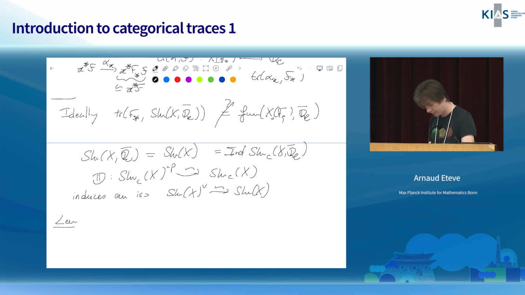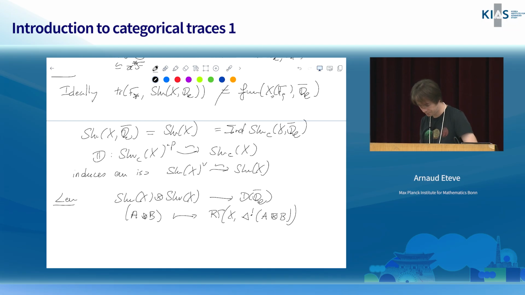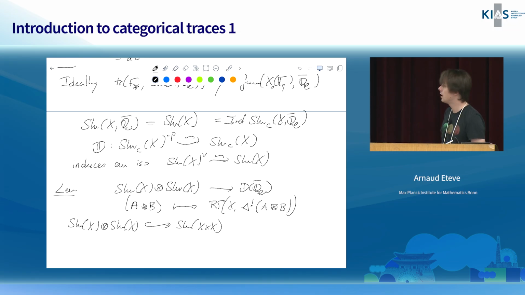And so the evaluation map here sends A tensor B to the cohomology on X of delta upper shriek of A box B. And this box tensor, I view it as a functor from sheaves X tensor sheaves X to sheaves on X times X. And that thing is usually very much not an equivalence.